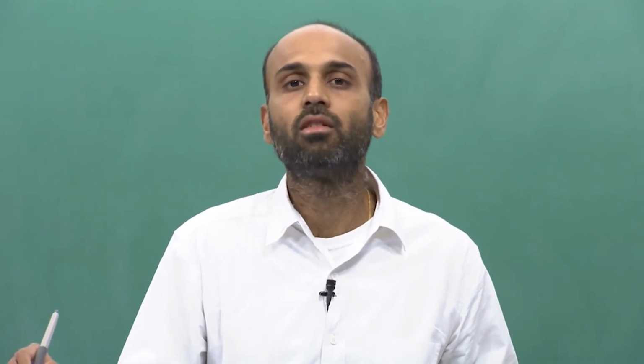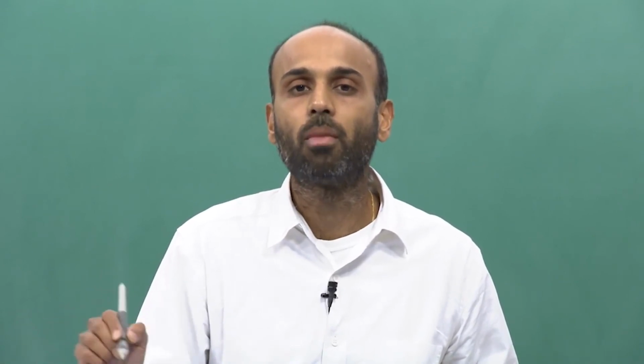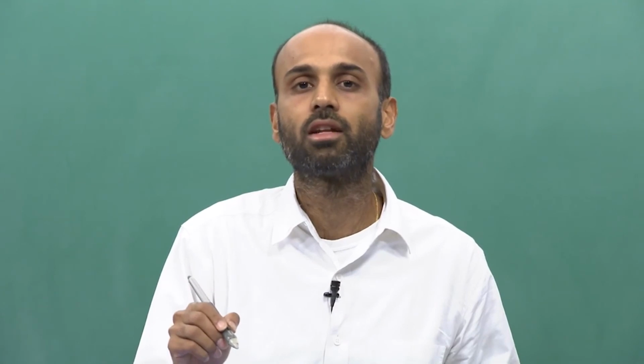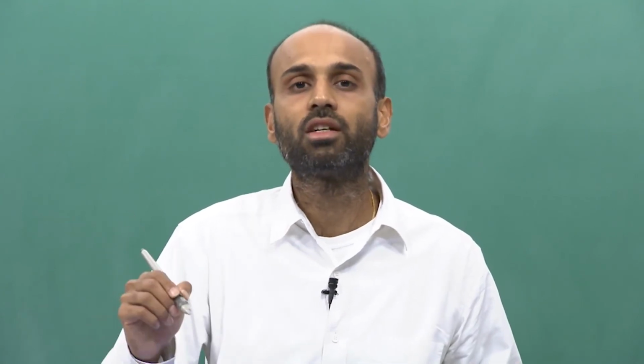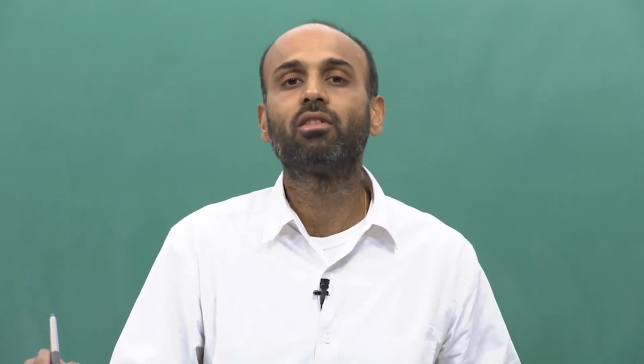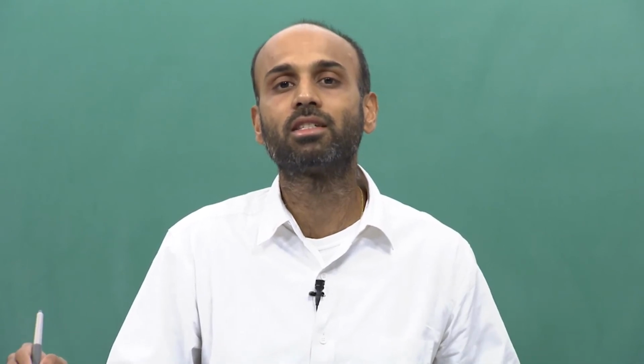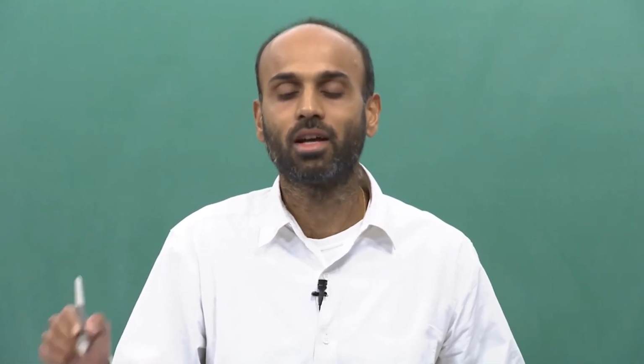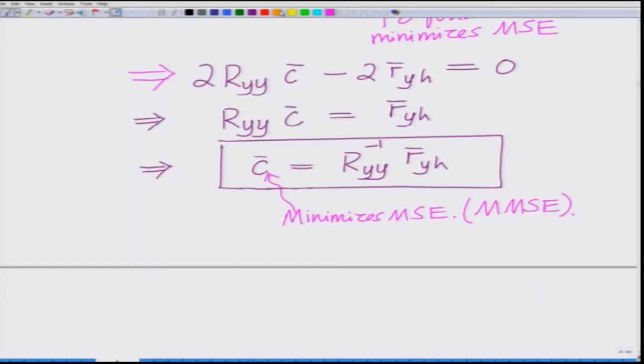That is the expression we have finally derived for the combining weights. Remember what is c bar? c bar contains the coefficients c1, c2, up to cn, such that if you form c1 y1 plus c2 y2 and so on up to cn yn, that yields the linear estimate which minimizes the mean squared error, correct. So therefore, and now also to recall what is R y y, just recall briefly in case it is not already clear.